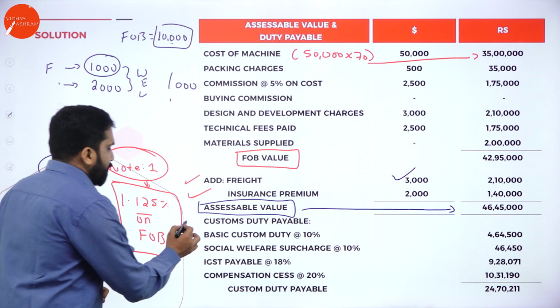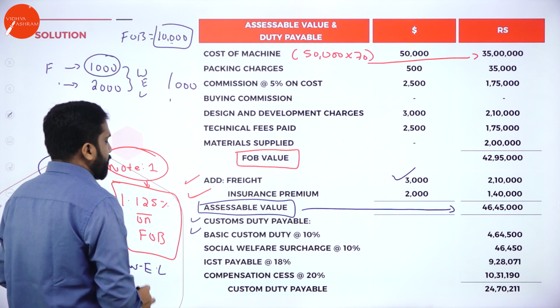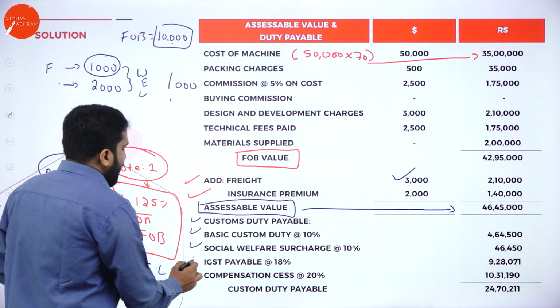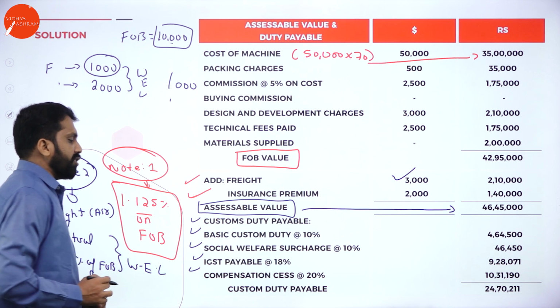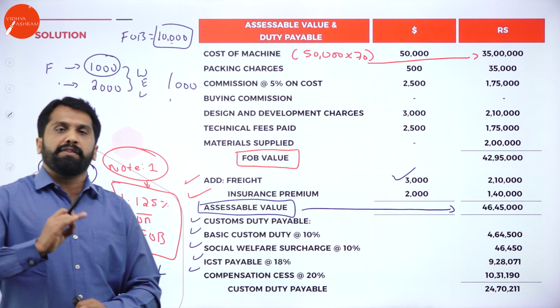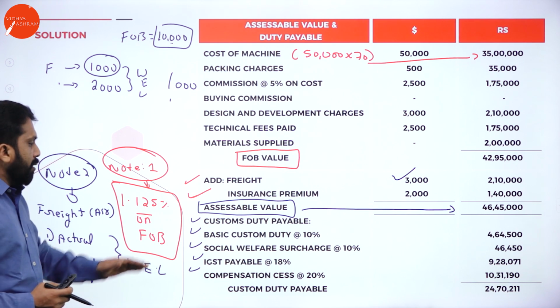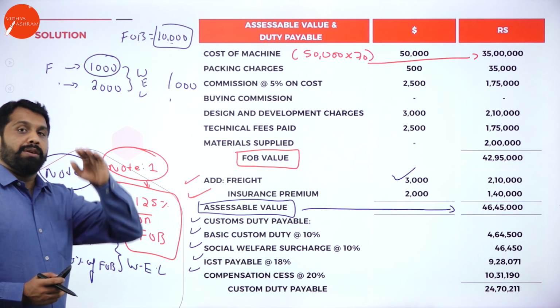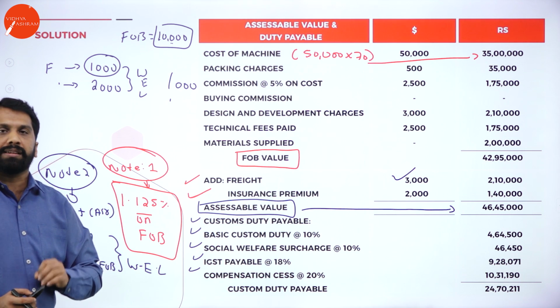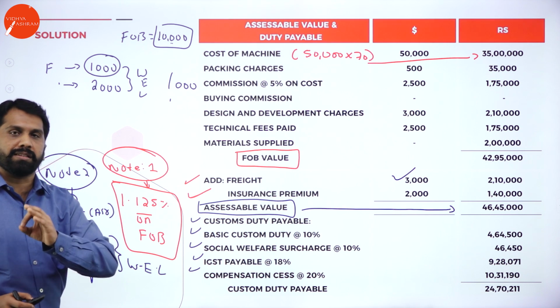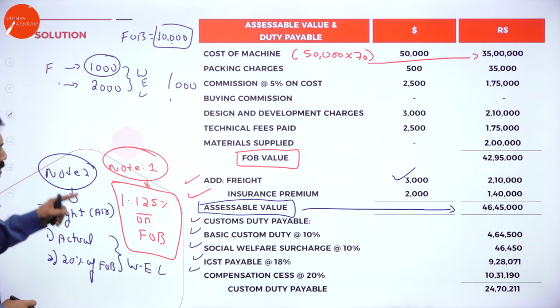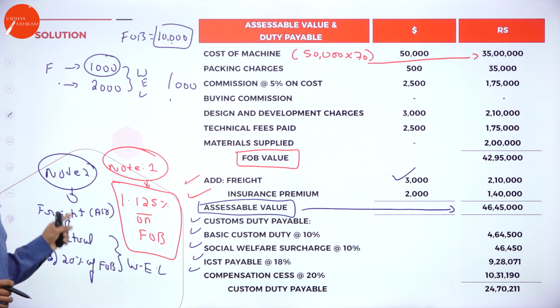Now, you have custom duty, basic custom duty, social welfare, IGST, compensation cess. Maybe everybody has a doubt about what percentage we should take and what the procedure to calculate is. Those things will be cleared now. So write down everything. I'll remove this. Take a screenshot of this so that you will get note 1 and note 2.